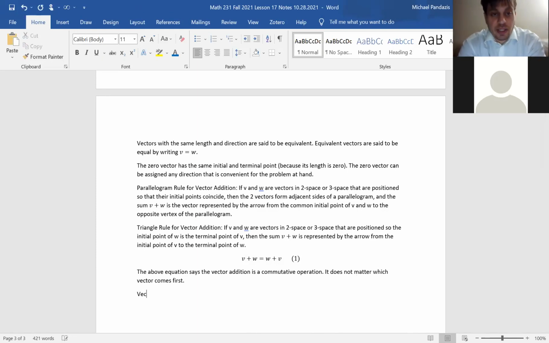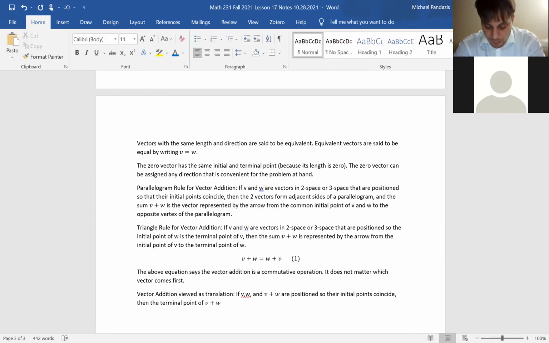The next idea is vector addition viewed as translation. So if V, W, and V plus W are positioned so their initial points coincide, then the terminal point of V plus W can be viewed in 2 ways.